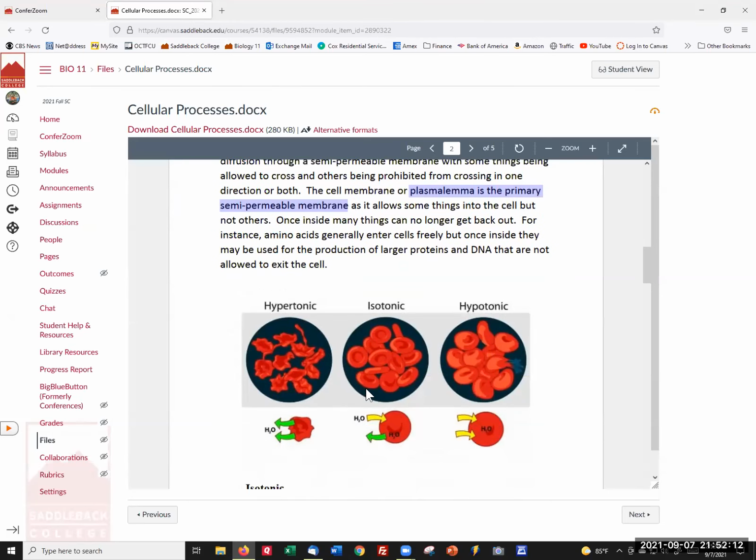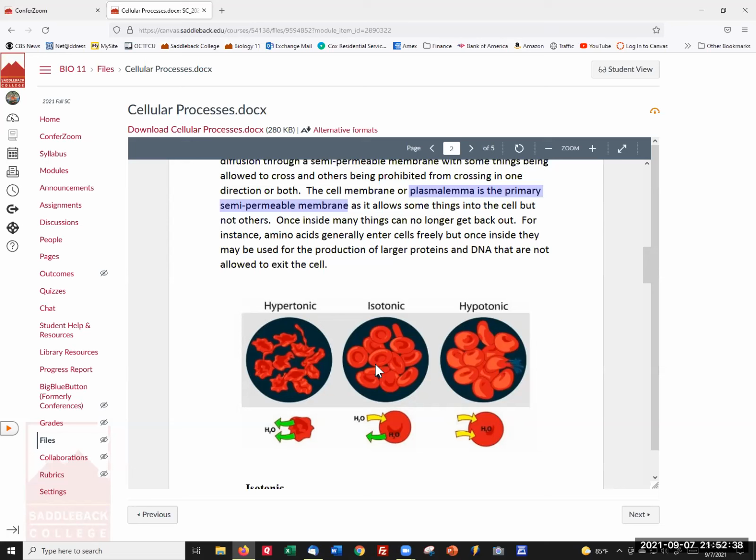These are blood cells, red blood cells, and they're all in some sort of plasma. Okay, that's the fluid portion around the blood. We'll start with the one in the center. The one in the center, the plasma membrane around the red blood cell, is semi-permeable.